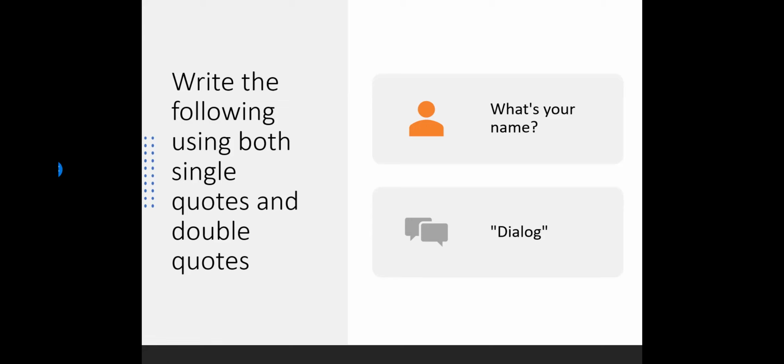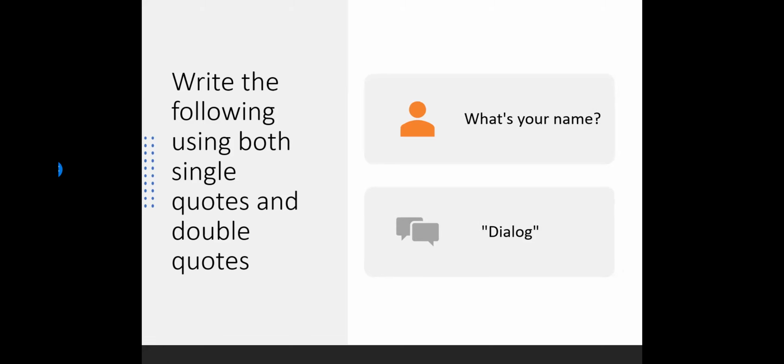Let me quickly change. Right, okay, like this. So give me the command in the chat. I want everyone of you to try. I want you to type the command for these 2. First of all, how to print what's your name with a single quote and a question mark. And the second one, how do you print dialog with double quotes?